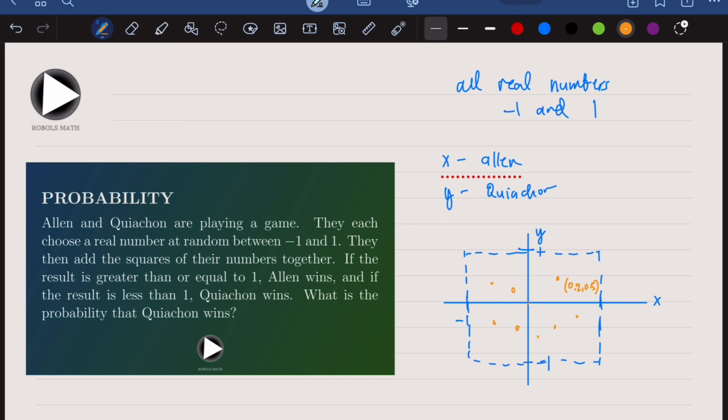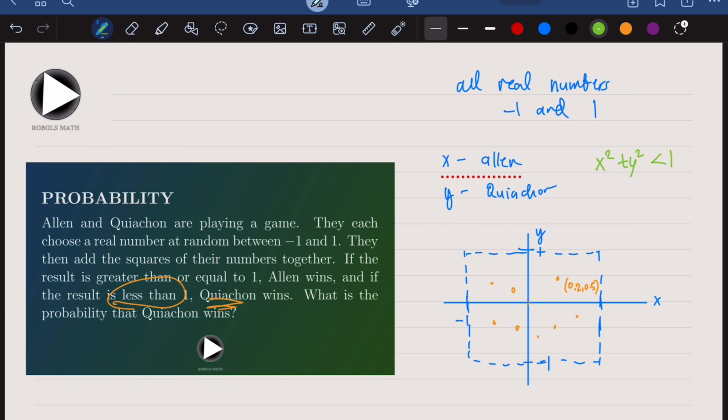Now, the condition that we want to satisfy is that the sum of the squares of their values must be less than 1, because we want Quaichon to win. And Quaichon will win if the sum is less than 1. So the condition we want here is x squared plus y squared is less than 1.